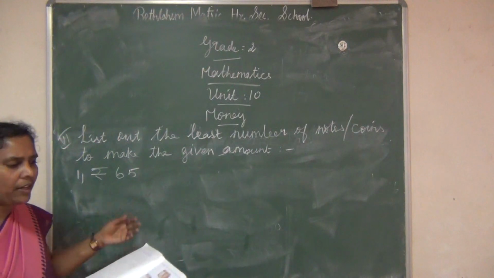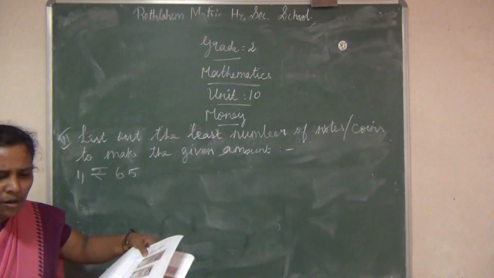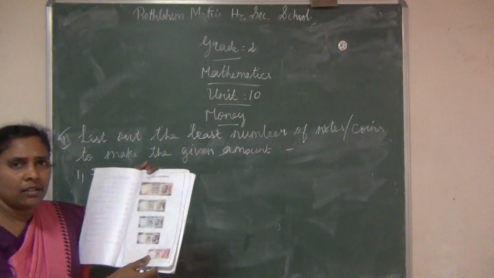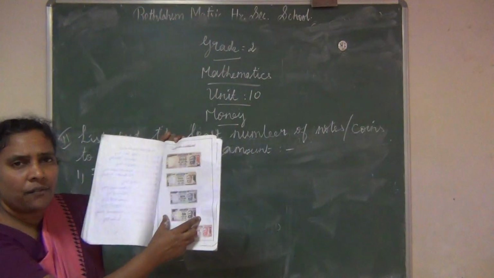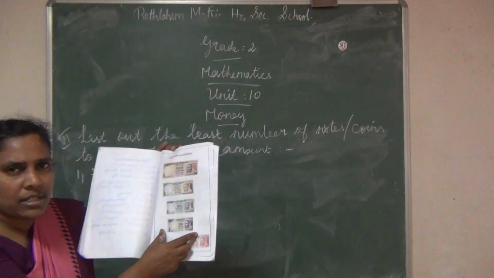So here, what are the rupee notes we need to make rupees 65? Already I told you, these are all currency and coins. So for rupees 65, what are the rupee notes we need? Listen, we need a 50 rupee note.